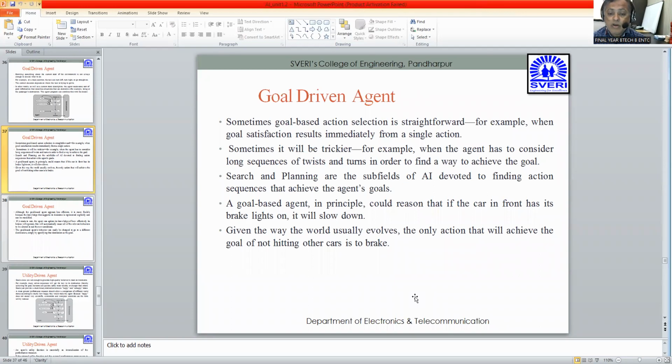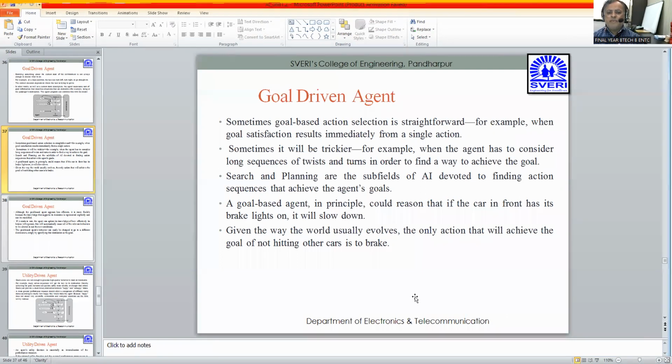So now a goal-based agent will also depend upon the actions that have been going on the internal state. What it means is that if the brake light is on, it is going to slow down. So you have to consider the reasons of moving towards the target by different ways.